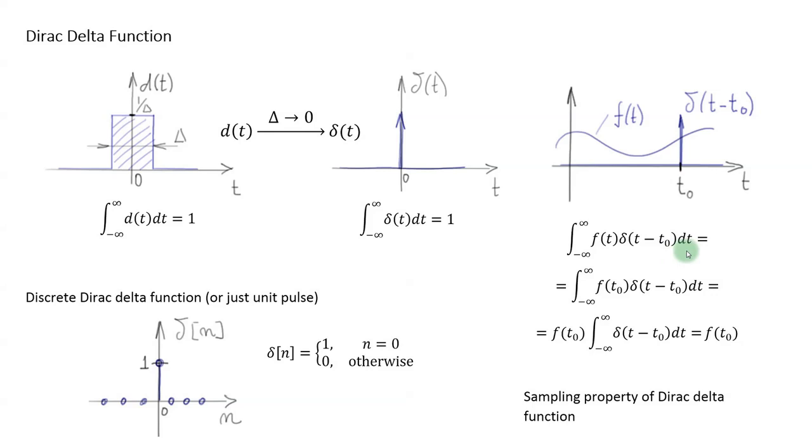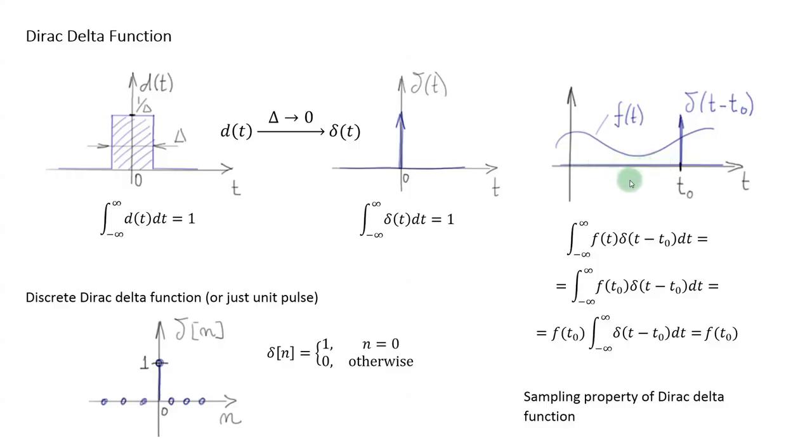To do that, we first need to realize that the Dirac delta function is 0 everywhere except at t0, where we can imagine that it goes to infinity. That means that when I multiply this Dirac delta function with this function f of t, the values of the function f of t will not matter at most of the points because they are being multiplied by 0.